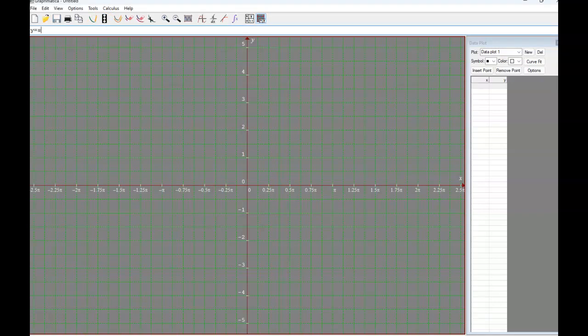So let's say we have the graph for y equals sine x. I think this one can be challenging. Okay. So this is the graph for y equals sine x, right?